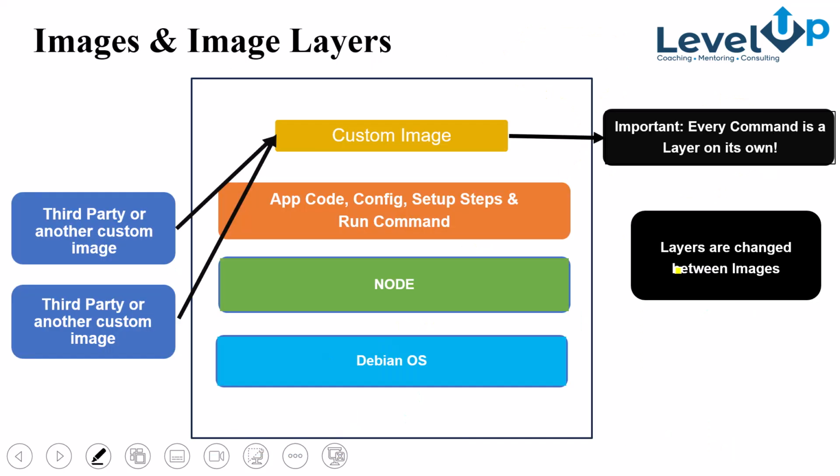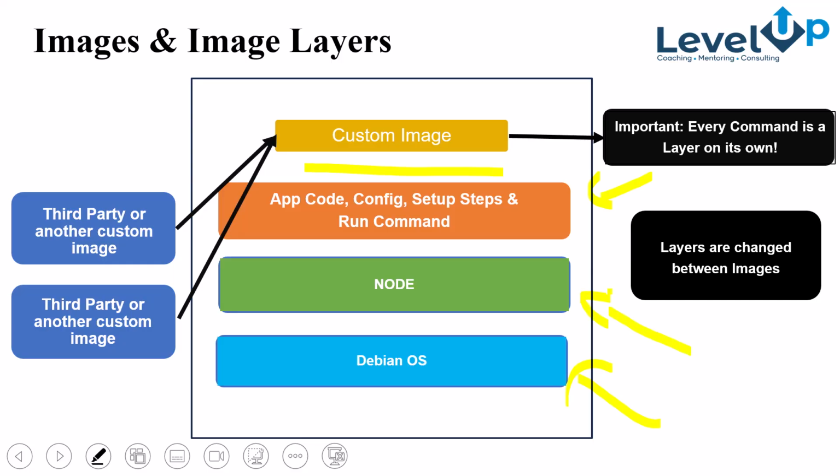Now, as I told you, an image will have layers. What are the layers in the image? The first one is a base image. Let's say we have an operating system that is a pre-built image.